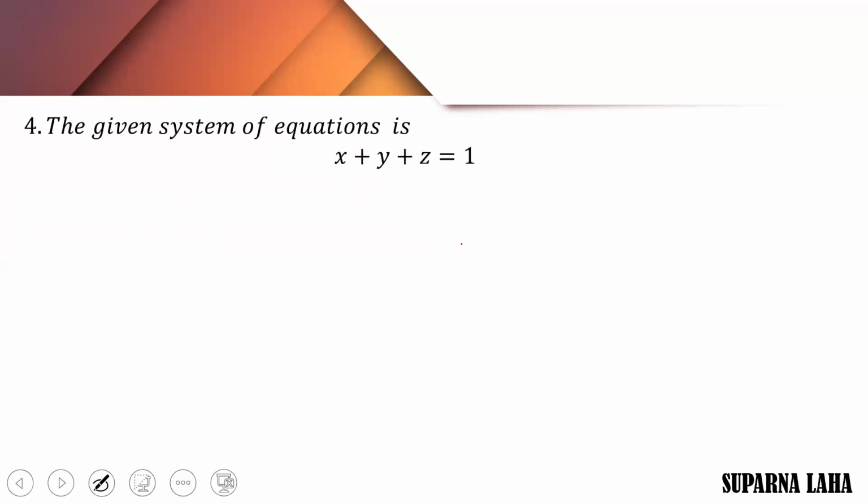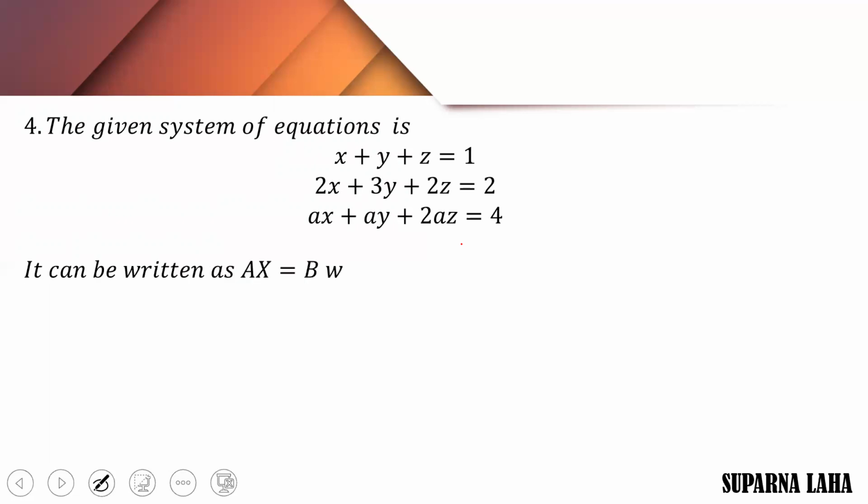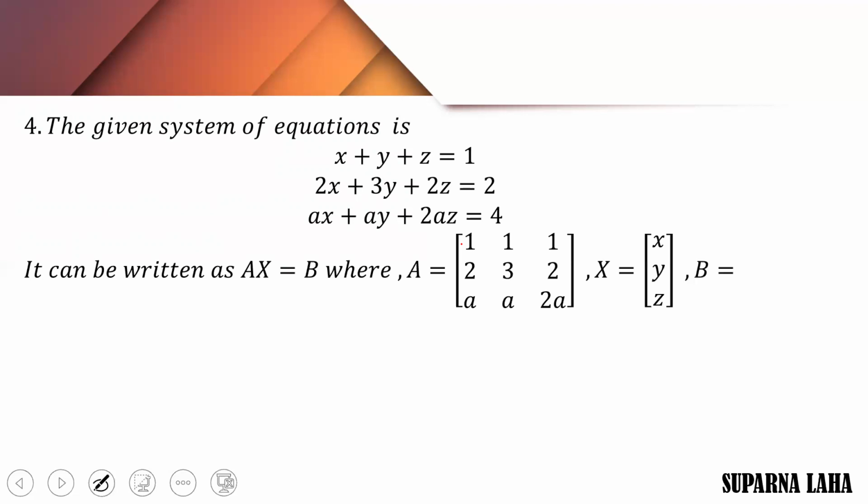Question number 4. The given system is x plus y plus z equals 1, 2x plus 3y plus 2z equals 2, ax plus ay plus 2az equals 4. First of all, write down the system in matrix form, Ax equals b, where A is 1, 1, 1, 2, 3, 2, a, a, 2a, and b is 1, 2, 4, and x is x, y, z: 3 unknowns, 3 equations.